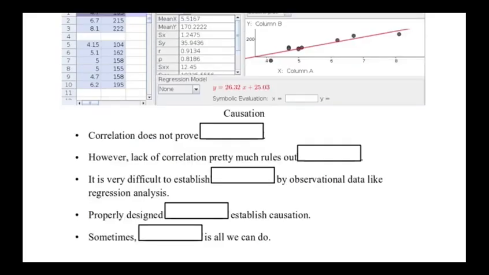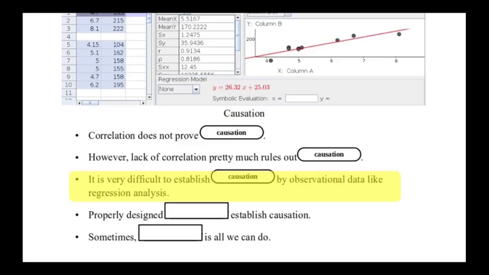Now, as always, correlation does not prove causation. However, if there is a lack of correlation, there's almost certainly no causation. It's difficult to establish causation by observational data like regression analysis.